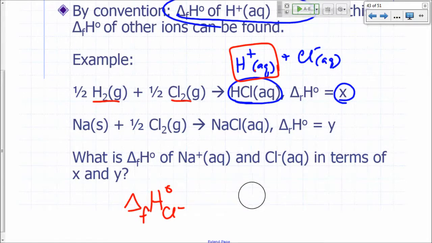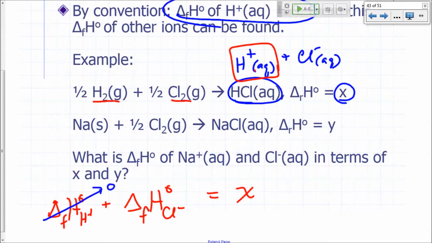Because here, you can say delta H formation of H plus and chloride together is X. But as a matter of convention, we assign H plus a value of 0. So delta H formation of chloride in aqueous solution is the same thing as the delta H formation of HCl in aqueous solution.